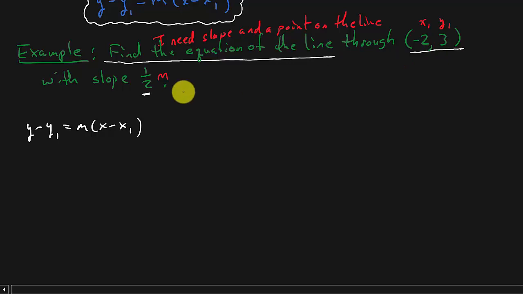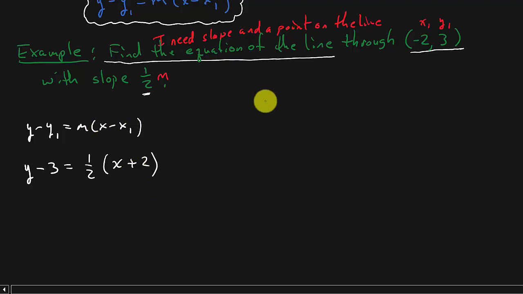And so all we do is we plug this in. And so we get y minus 3 equals 1/2 times (x plus 2). See, I plugged the 3 in for y1, and now the -2 in. All right. So I hope everybody understands how I got the plus 2.